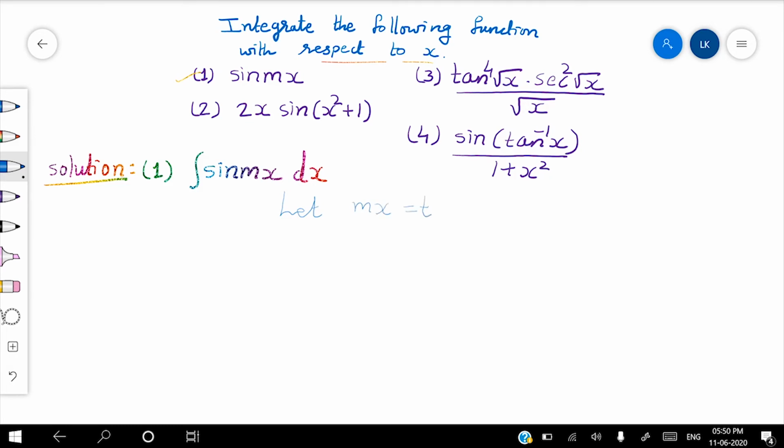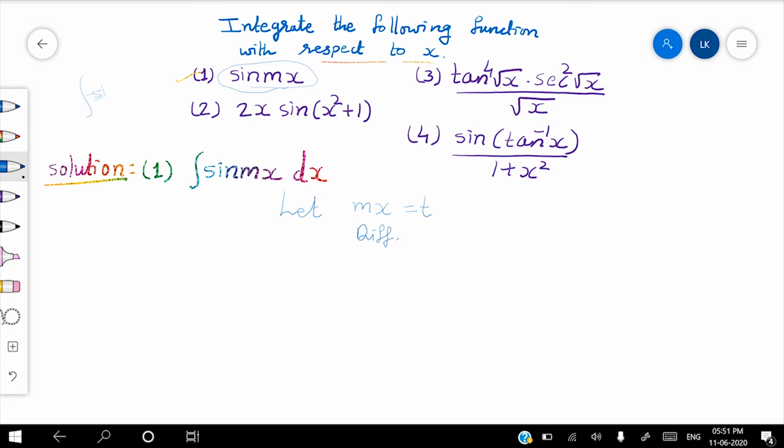Suppose instead of sin mx, you were given directly sin x, then you know the direct integration of sin x is minus cos x. You know the formula. But instead of sin x, we have been given sin mx. So let us assume mx is equal to t.